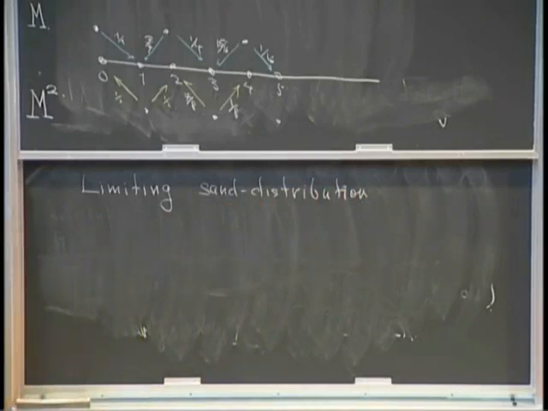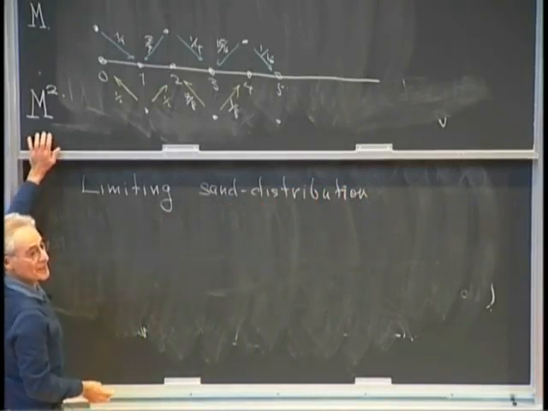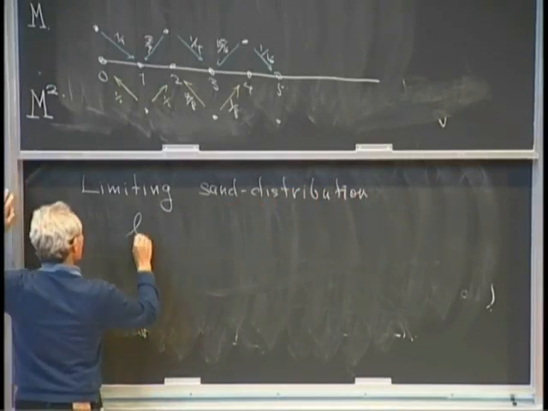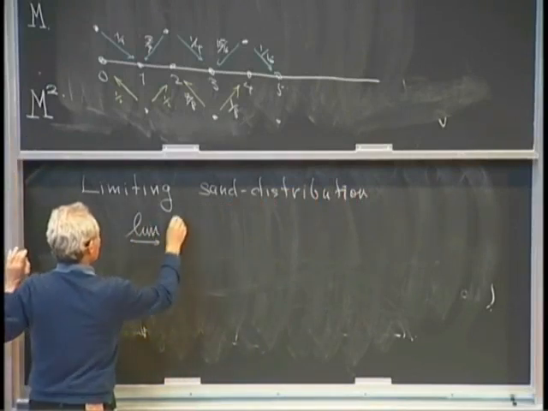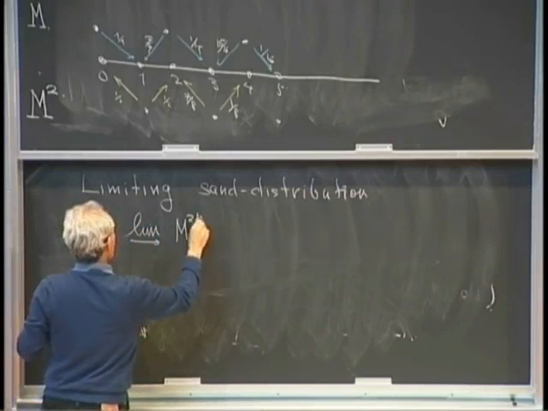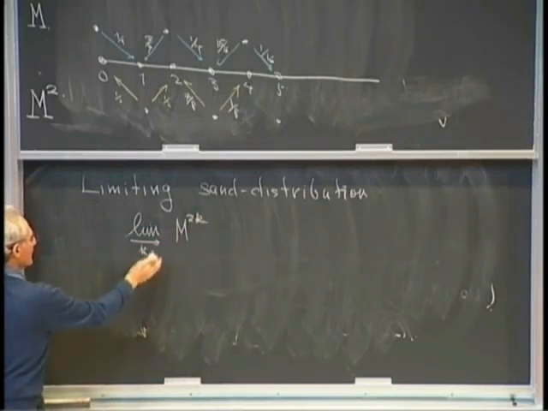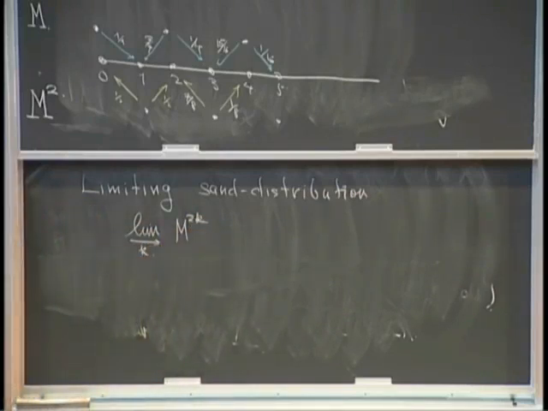I can't say take the limit of M to the k, but I can say take the limit of M squared to the k. So I'm taking the limit of M to the 2k, as k goes to infinity, and see what happens. You get a distribution of sand.